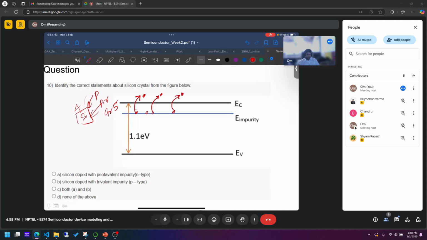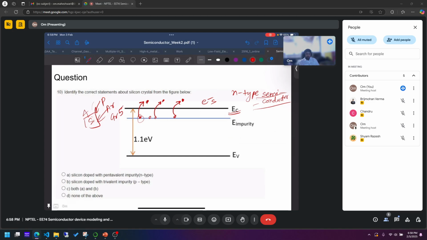They ionize from here and donate one electron to the conduction band. That's how we get electrons in the conduction band for the n-type semiconductor. So the answer for this one would be silicon doped with pentavalent impurity, n-type.